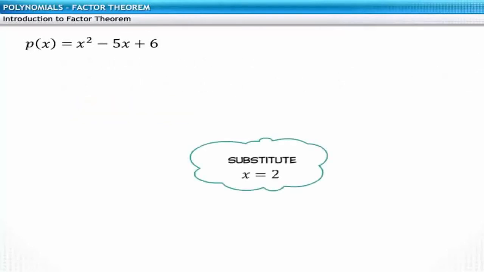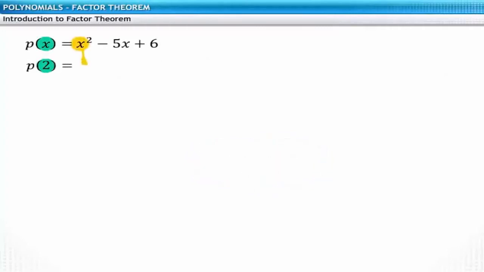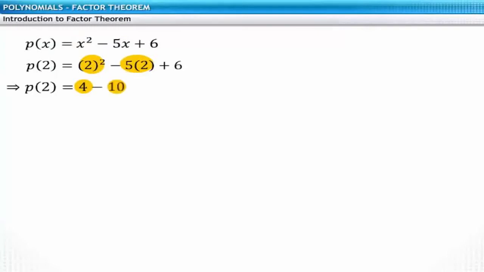Now, we'll substitute x equal to 2 in the polynomial. We get p of 2 equal to 0.